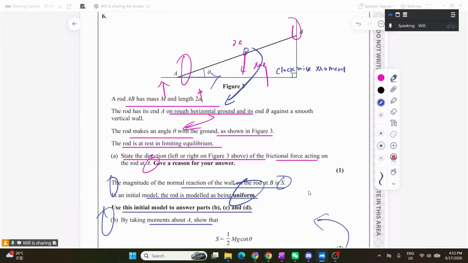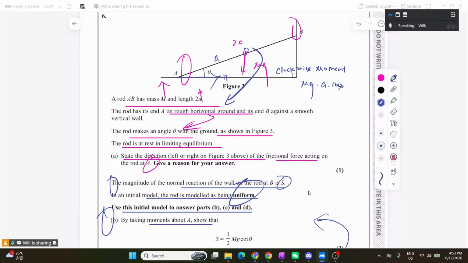The moment is mg times the horizontal distance. The horizontal distance is a, that is 1. A times cosine theta, right?